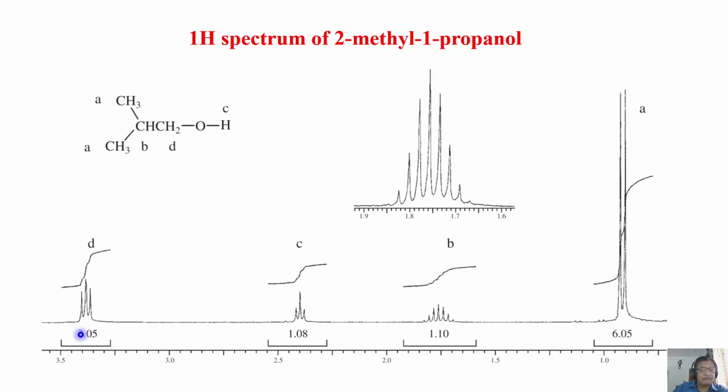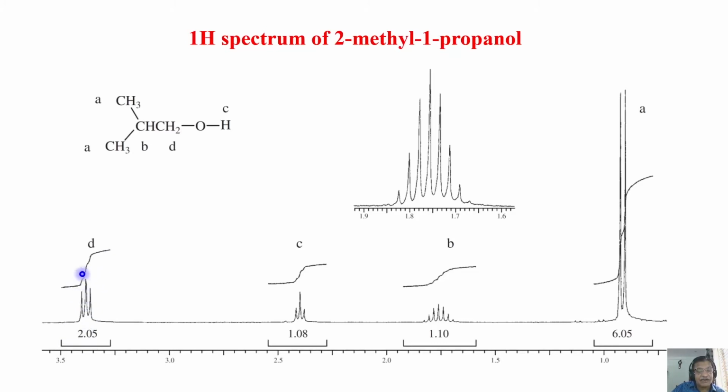Triplet like, but not exactly a triplet. Please remember, the triplet intensity pattern is 1:2:1. But do they look like that? If you carefully see, it is not a triplet, it looks like a doublet of doublets with some extra splitting in the central peak.